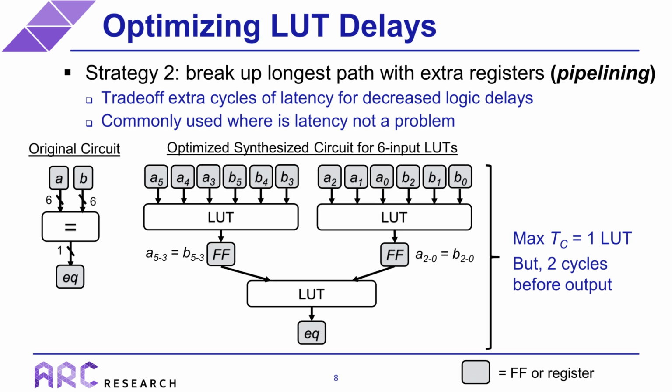Second, and this is really more of a practical limitation, is that sometimes it can be kind of awkward to implement this pipelining in your code. For example, we have this purely combinational comparator that you can implement in RTL code using the equal operator.